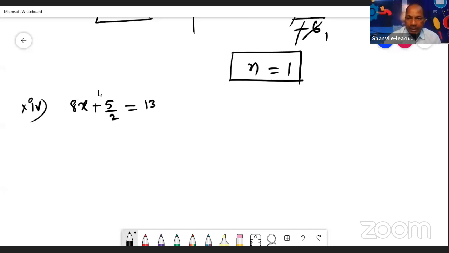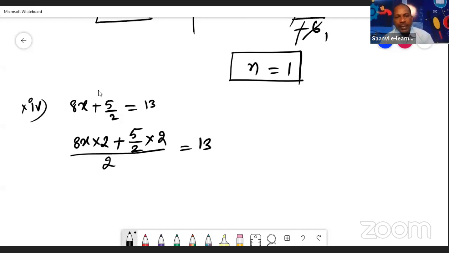So whenever fractions are given, first of all, we have to take the LCM and simplify it. Here the denominator is 2, so the LCM also we get is 2. After taking the LCM, what we have to do? We have to multiply each and every number by the LCM. The first number is 8x, so multiply this 8x by LCM 2, plus the second number 5 by 2, you multiply by LCM, that is 2, is equal to 13.